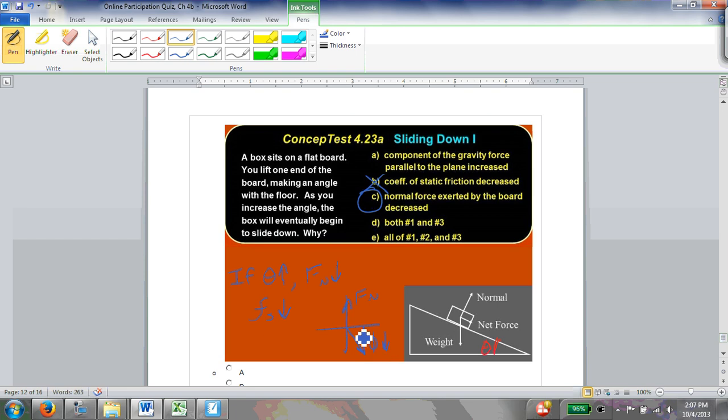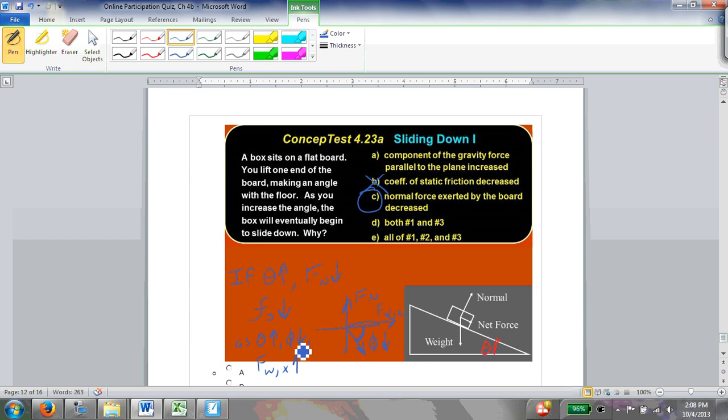And so more and more, as theta increases, I get a larger and larger component of the force weight in the x direction. Let me write that in words: as theta increases, phi decreases, and the force weight in the x direction increases.